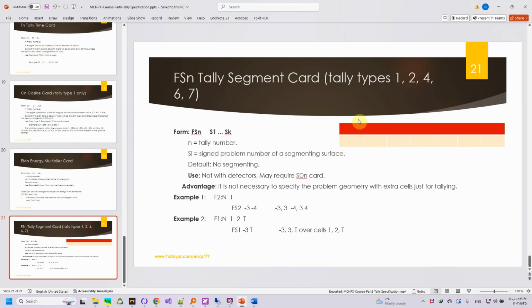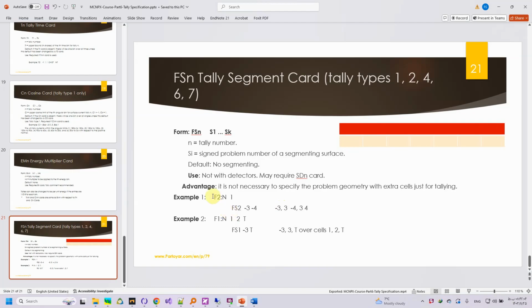Another way to achieve this goal is to use FSn. In this method, we define some surface cards over this position, and with the FS card we use that.